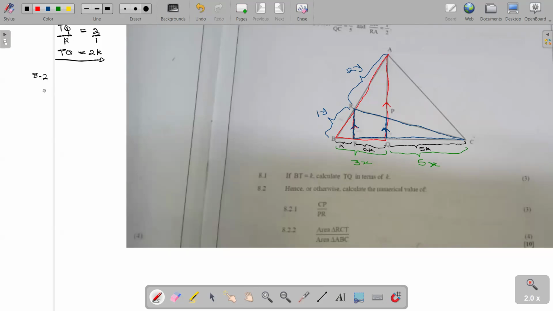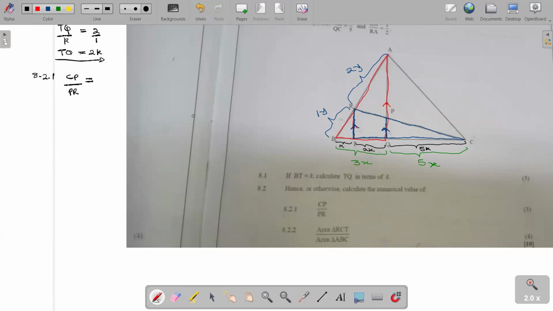We go to 8.2. So on 8.2.1, we are going to talk of CP divided by PR.